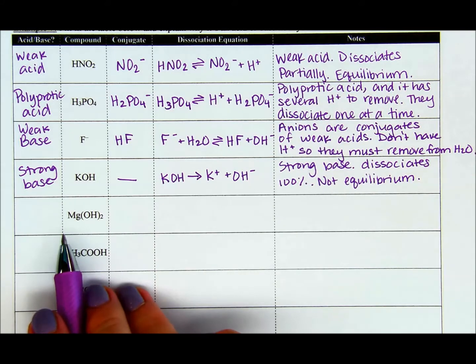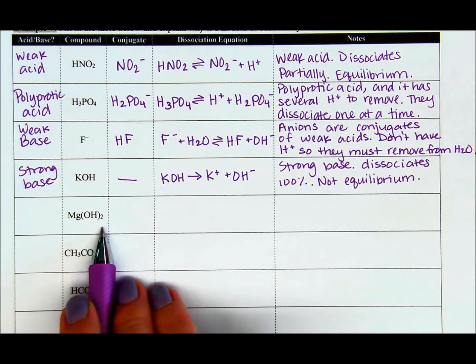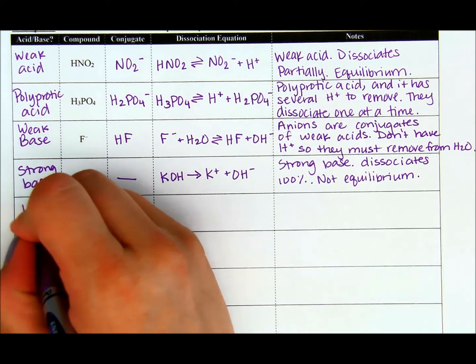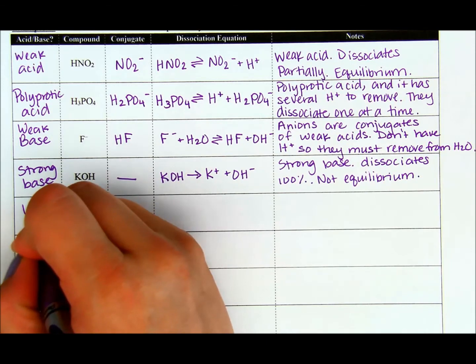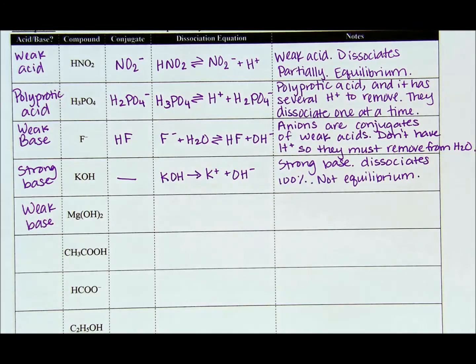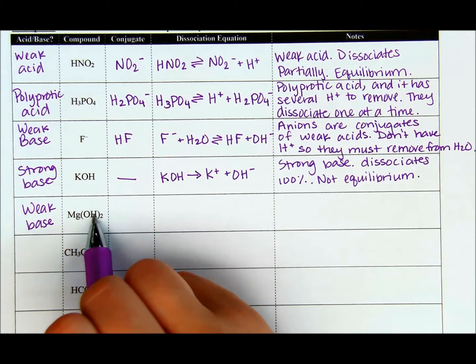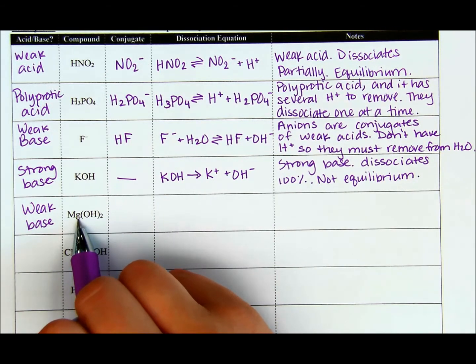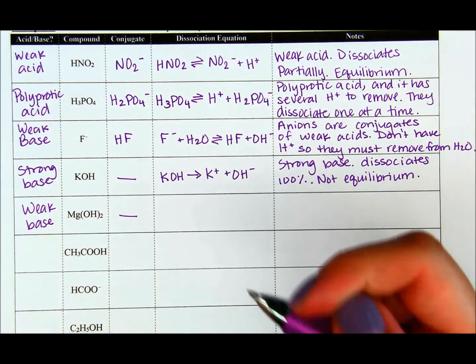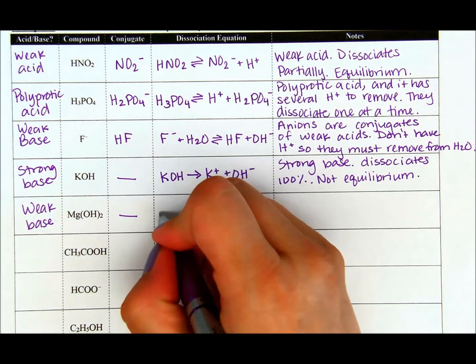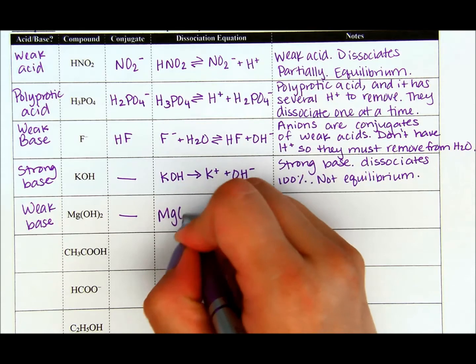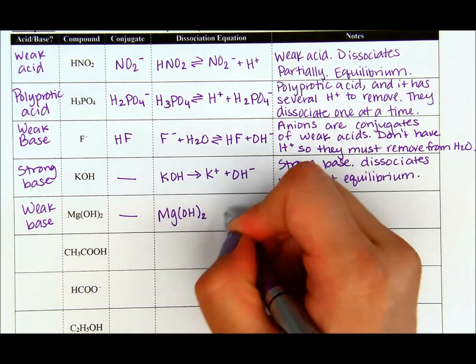Magnesium hydroxide. Magnesium hydroxide is going to be a weak base. So you know it's not on the strong list, but it does have these hydroxides here. And they're ionically bonded to magnesium. So your base is not going to have a conjugate here. We have your dissociation equation, magnesium hydroxide.